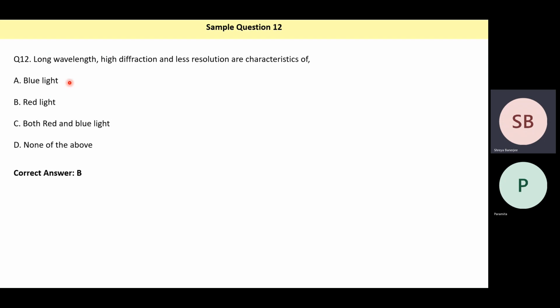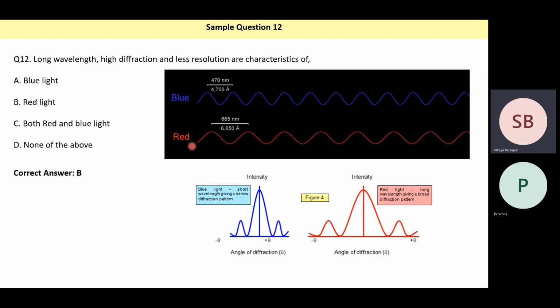So the correct answer is B, or red light. As you know, the wavelength of red light is greater than blue light.